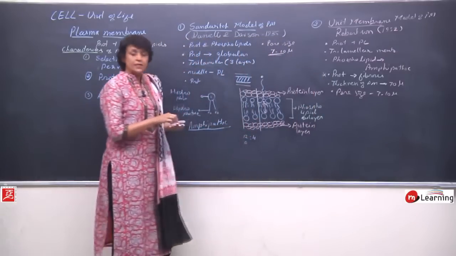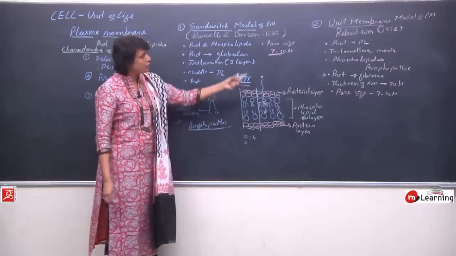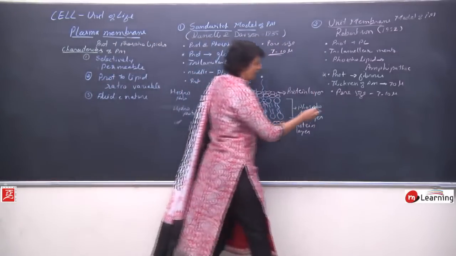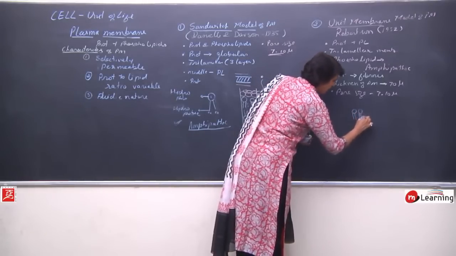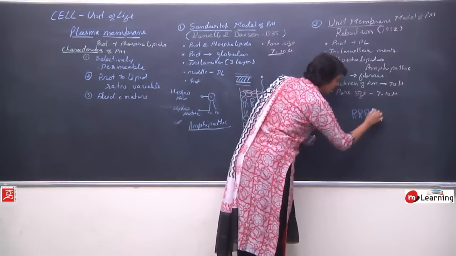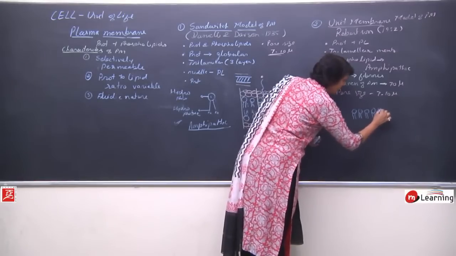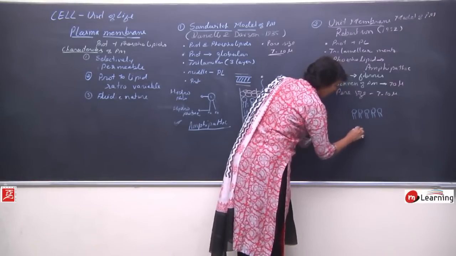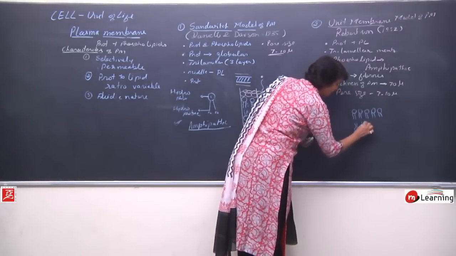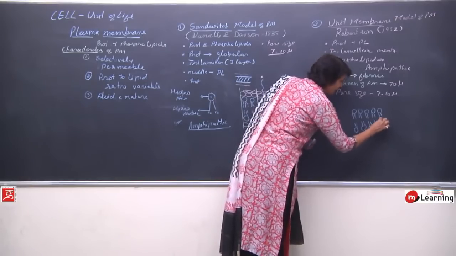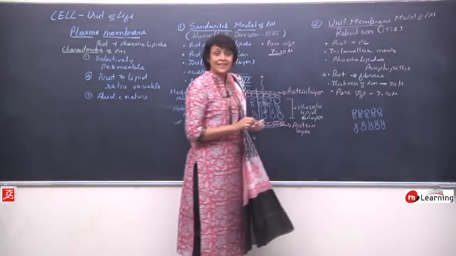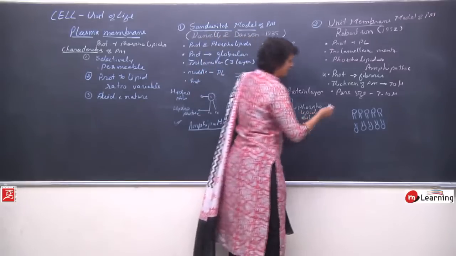So now using this information, let us draw the structure which was given by Robertson. Again the phospholipids same, hydrophilic head on the outer side, hydrophobic tails on the inner side. This is the phospholipid bilayer. On either side the protein.